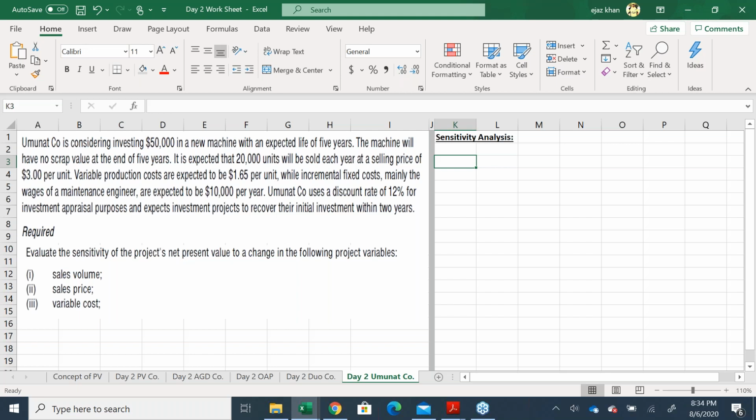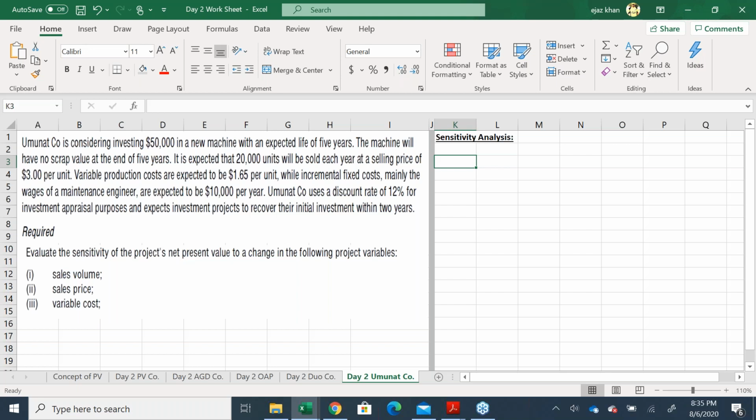So we want to check how much variation in this $20 we can afford. Let's say we conclude that we can only afford a $5 per unit decline. If the price decreases from 20 to 15, the NPV will be 0. If it decreases further, the NPV will turn negative, which we cannot afford.